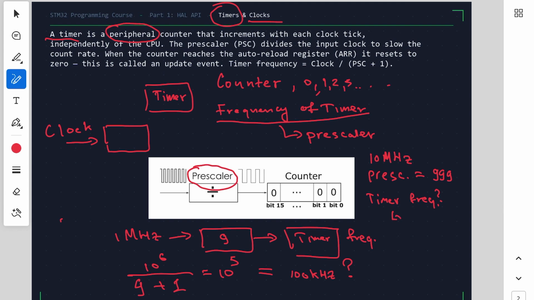The timer frequency would be 10 to the power of 7, because we have 10 megahertz. You divide by 999 plus 1, so you get 10 kilohertz. Okay, so this is how we can compute the timer frequency.